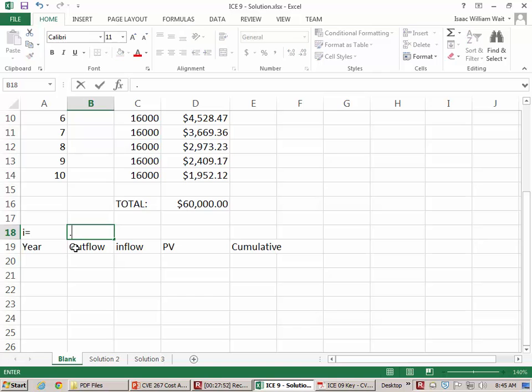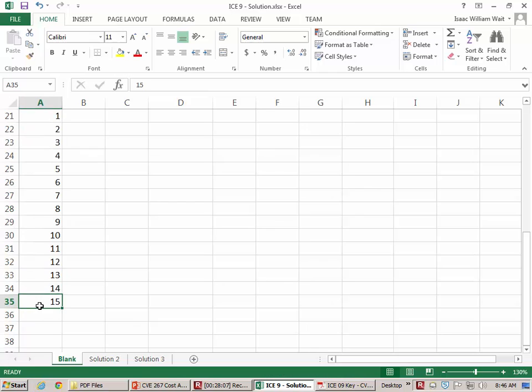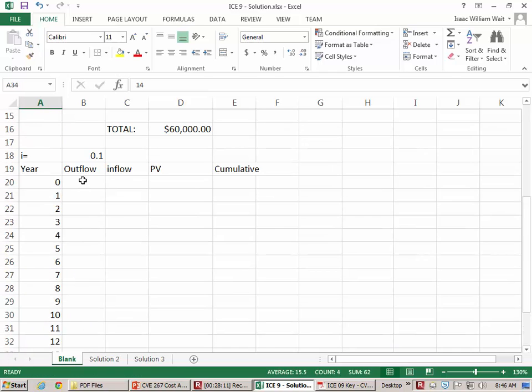That's given. So we have year 0 through just ongoing. We don't exactly know how long this one's going to be to begin with. Well, we do because we solved it, but let's just pretend that we're starting from scratch with Excel. The outflow to begin is 60,000, and then there's an inflow every year of 8,000.